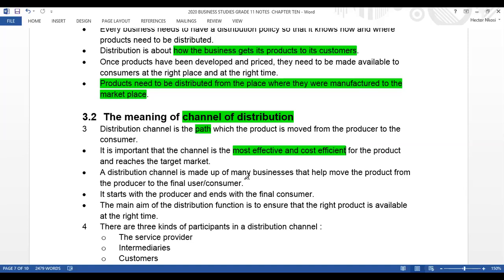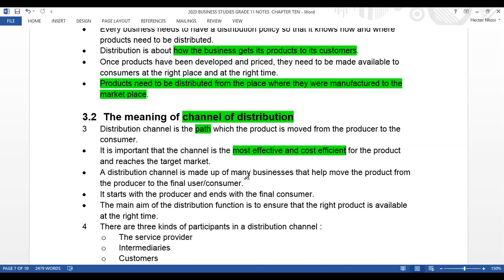So even some of the clothes that we're wearing, guys, some of the products that we are using, are not manufactured in our country. Some of them are from outside Africa, some are within Africa, but not South Africa. So we need to know the channel of distribution on how we're going to get those products, right?